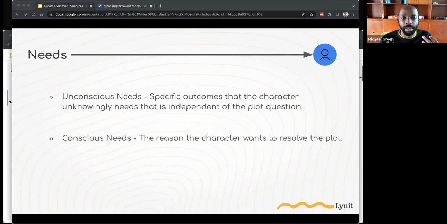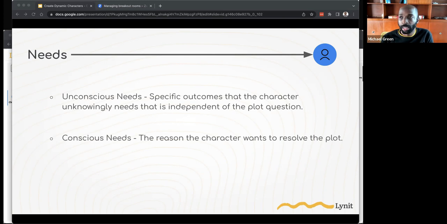So in an example of a cop drama, a very common trope is that there's a cop who does not want a partner, right? They prefer to do things alone, and they don't want to have to trust anyone. And so they may have an unconscious need of finding a partner, or being comfortable with trusting someone or depending on someone or asking for help.